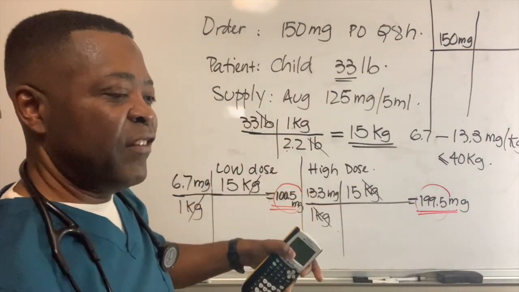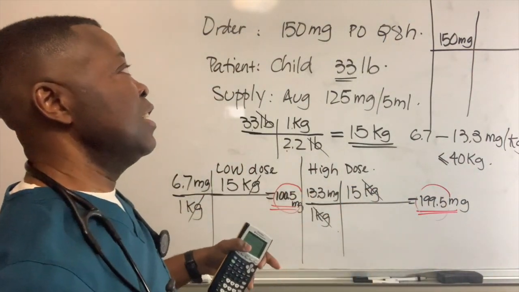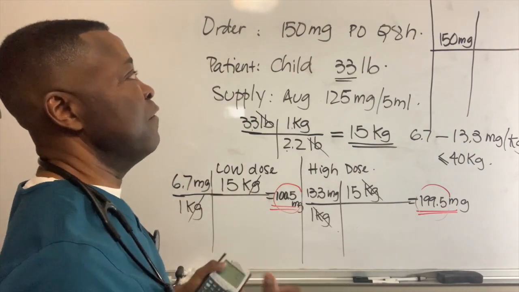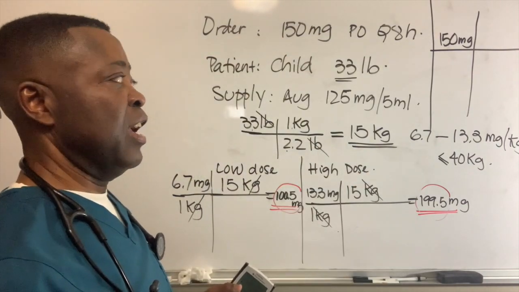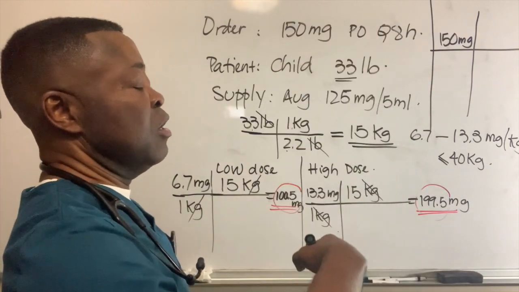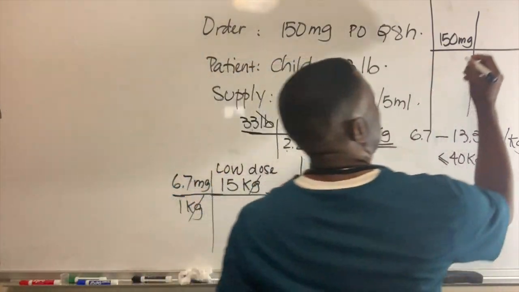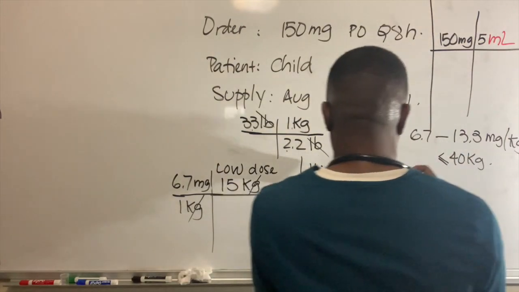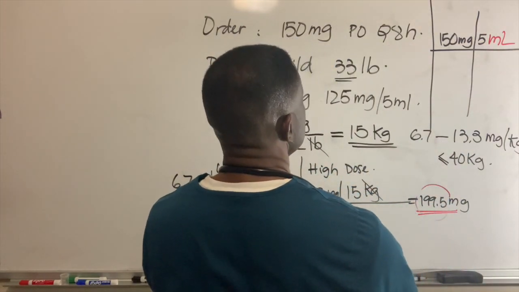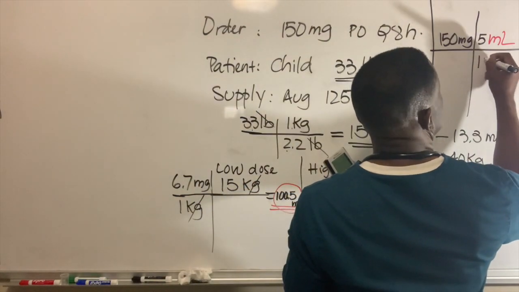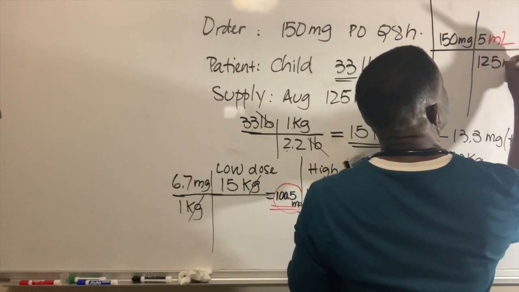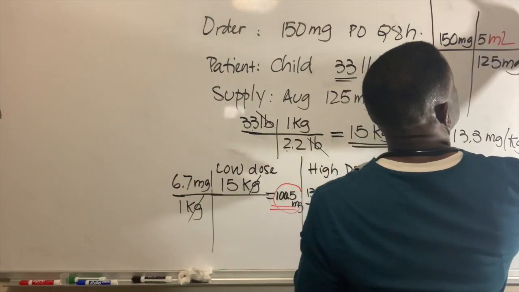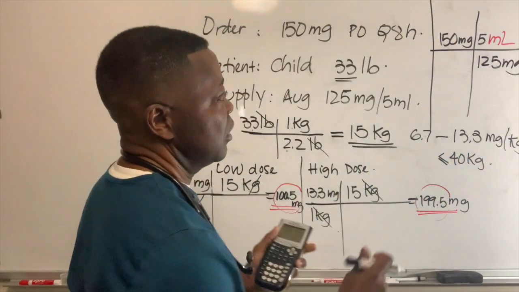And what we have in our supply is Augmentin 125 milligram in 5 ml. Remember, we're looking for ml. So we have 5 ml over 125 milligram.